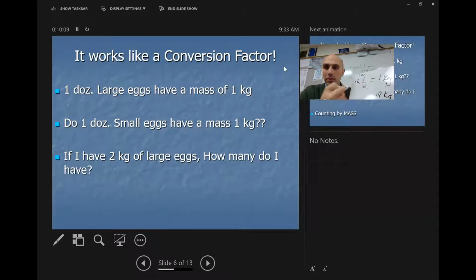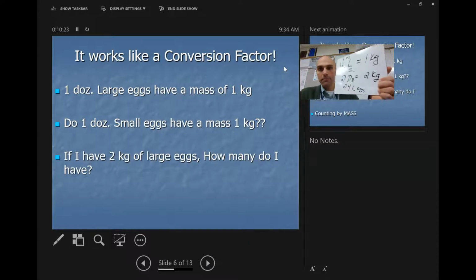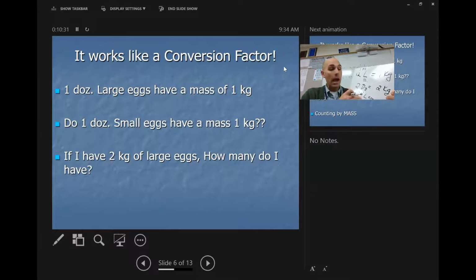So how many dozen if I have 2 kilograms? 2 dozen, which you know to be 24 large eggs. So you see how we just made that relationship? We actually counted how many eggs there were by knowing the mass. This is what I meant in the very first slide by we're counting by mass. That's what this is all about, counting by mass.